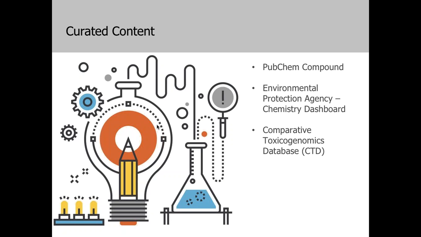So we've only grabbed the PubChem compound records and included them in our system. PubChem has, I've lost track, but over 100 million records in it. To integrate it, there are about 370,000 different CAS numbers in our index.